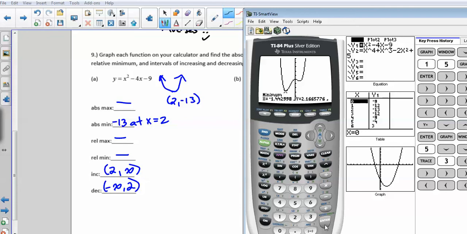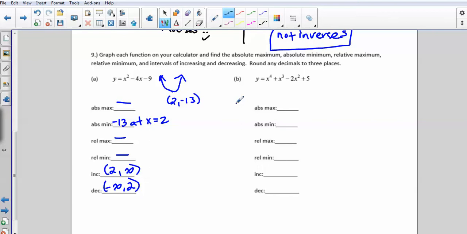Okay, so your minimum is about negative 1.44, and that's at a location of about 2.17. You're going to find that this relative maximum right here is actually at x equals 0, and you're going to find that this relative minimum right here is a minimum of 4.6 at x equals 0.69. And then we're going to use those values to find increasing and decreasing.